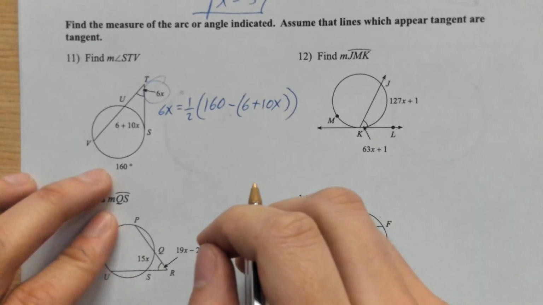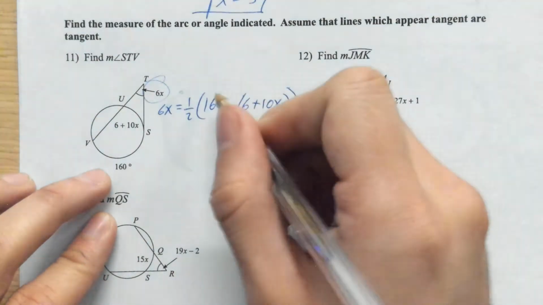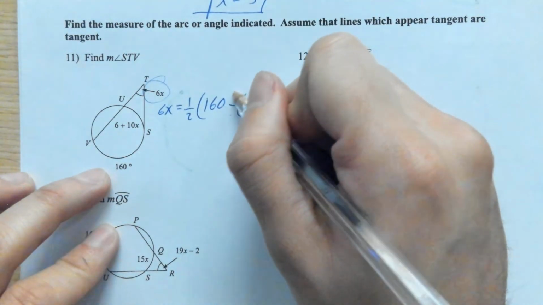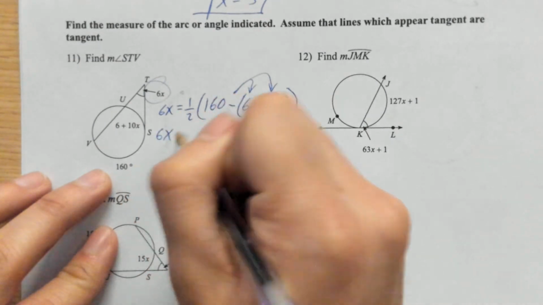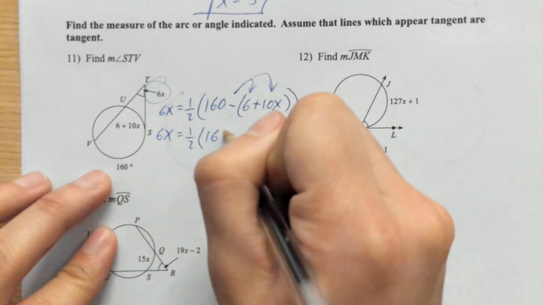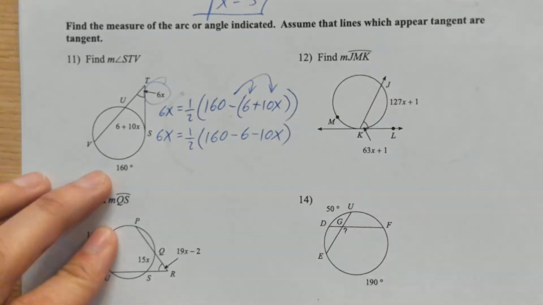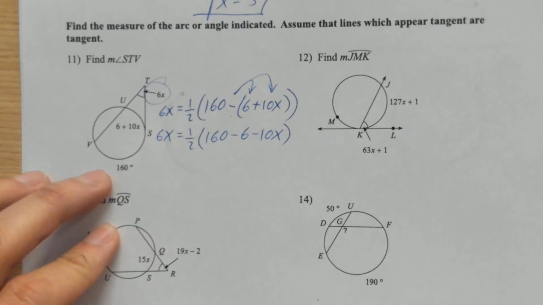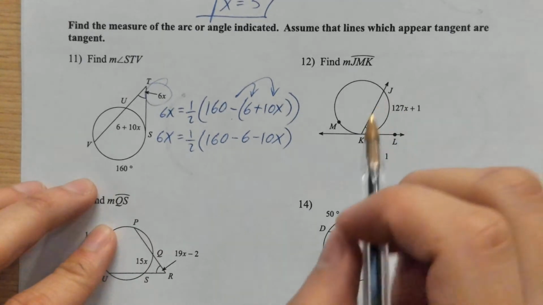So let's simplify this. First of all, let me simplify the thing inside of this parentheses, because this negative actually has to be distributed to these two terms. So I'll get 6x equals 1/2 160 minus 6 minus 10x, close parentheses.